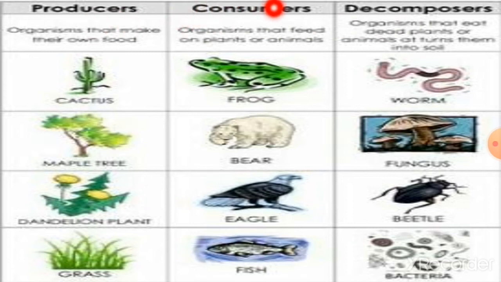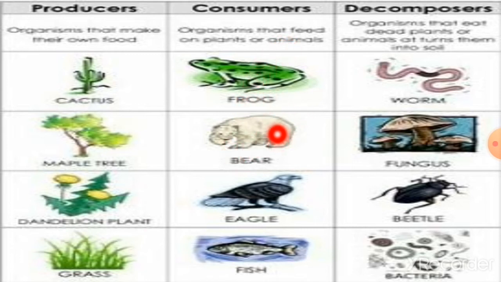Producers means organisms that can make their own food. That is cactus, tree, plant, grass, etc. Consumers means those that cannot make their own food.